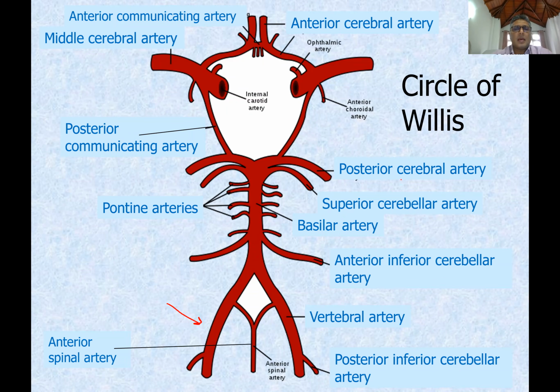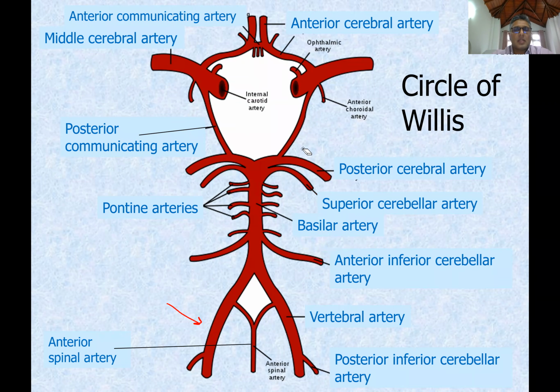And then if you draw the brain in this background, you will have your pons in that area where you get the basilar artery. Okay, so the basilar artery lies in front of the pons. Actually there is a groove, basilar groove in front of the pons for the basilar artery, and that's why you get these pontine branches supplying the pons.